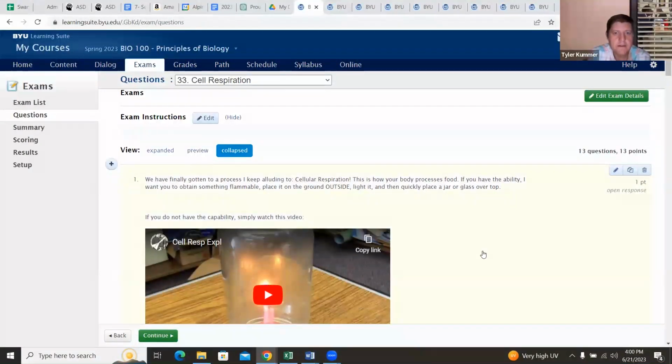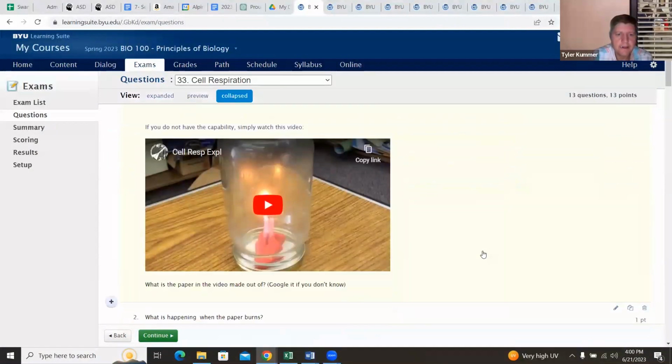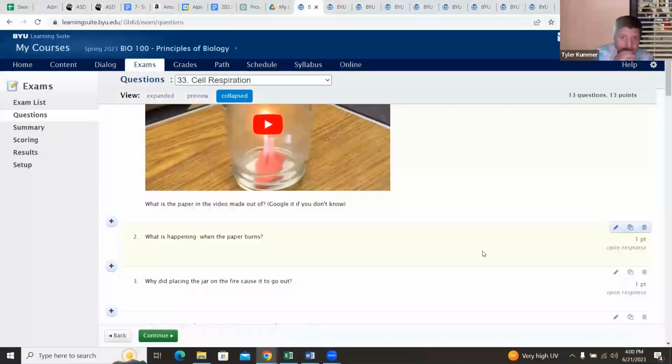So our first lesson that ended just barely was cell respiration. This lesson started us out with understanding what's happening in any combustion reaction, in this case just a burning candle. The burning candle goes out. Why does it go out?